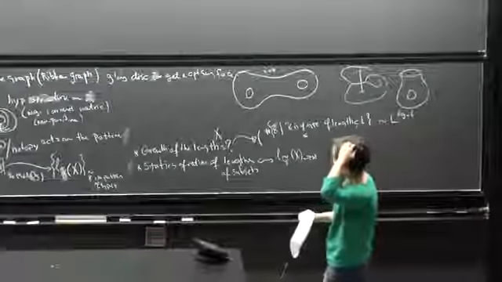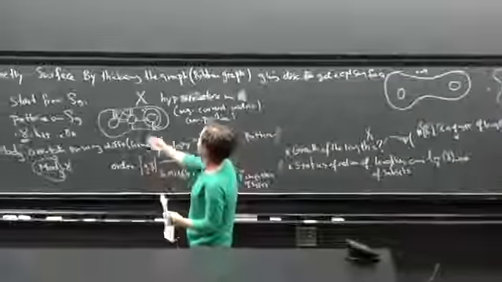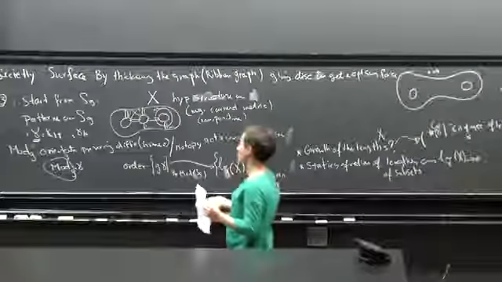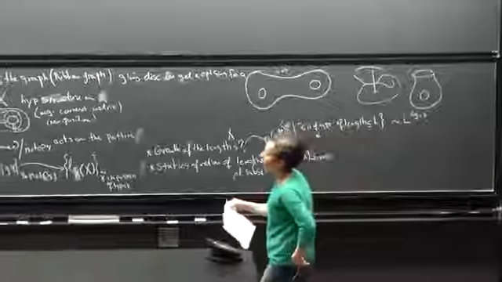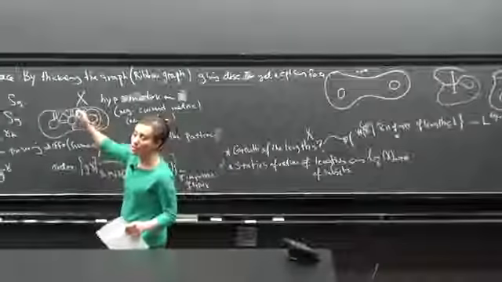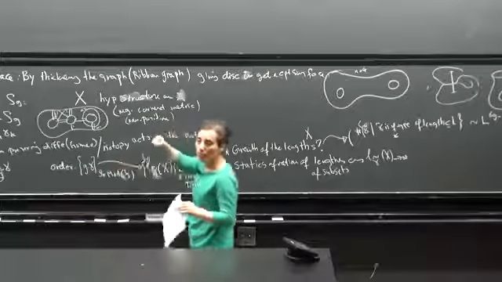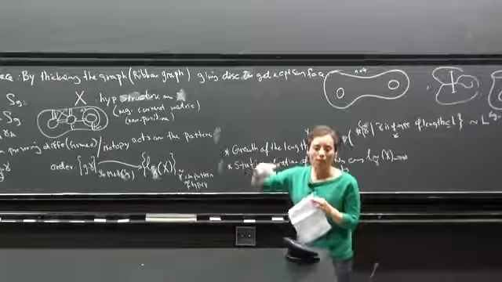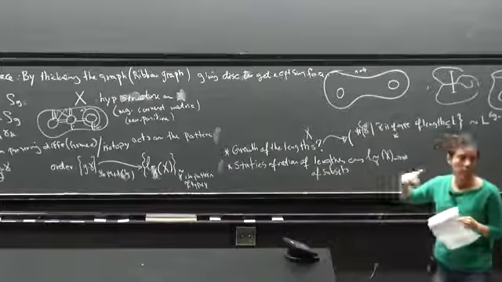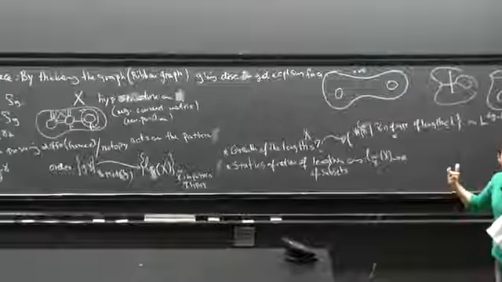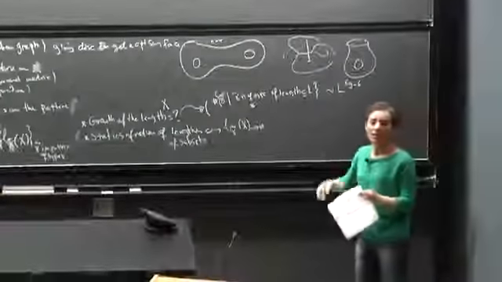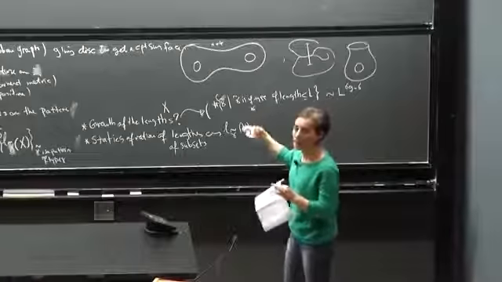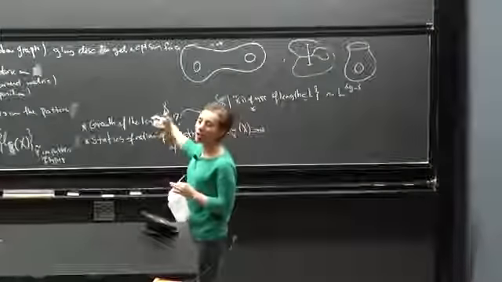But of course, there are many closed curves on the surface. For those of you who know, if the length grows, there are exponentially many closed curves on a surface of length less than or equal to L. But the point is that they become more and more complicated in terms of the pattern. In fact, if the length is L, you will likely have square root L self-intersections. So there's no way to get things about all curves.